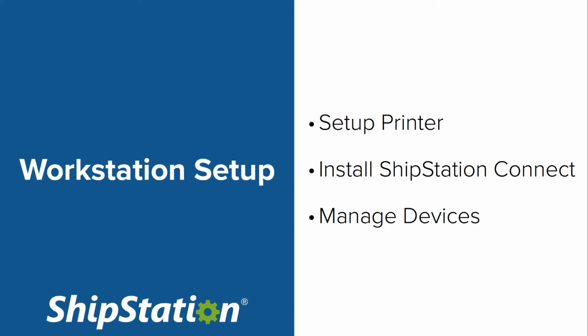So when we actually look at the workstation setup and what that involves, as far as actually getting the printer set up correctly, ShipStation Connect installed properly, and then you at that point are able to manage your devices so that you can choose what this actually looks like.